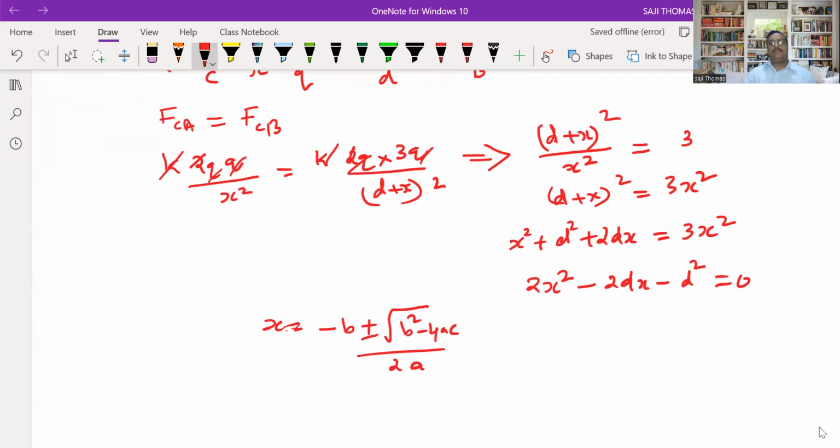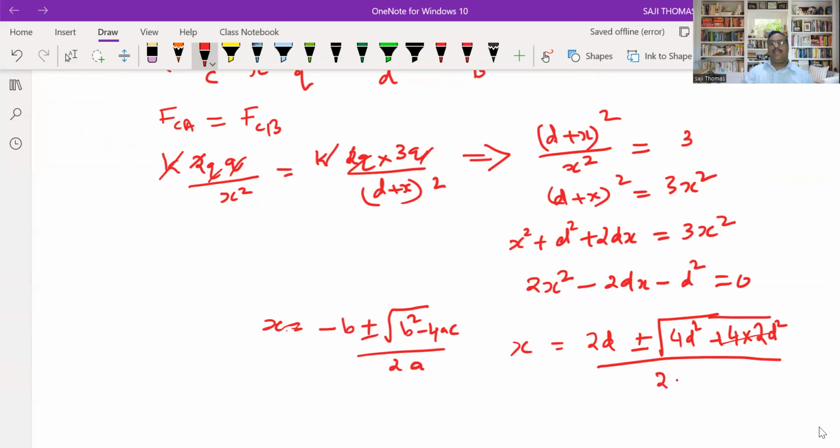Here x is equal to minus b, b is minus 2d, so we can write 2d plus or minus root of b square, 2d square, so 4d square, minus 4 into a, a is 2 only, right? c is minus d square, so it becomes plus, so d square, by 2 into a, a is here 2 only, right?